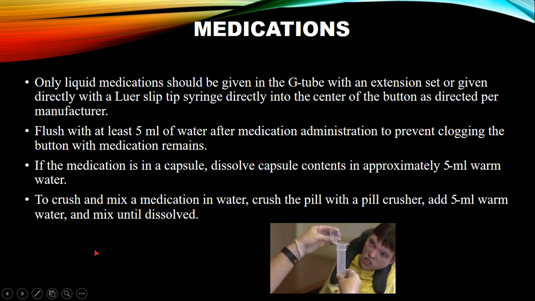So what to keep in mind is that whether it is a capsule, a liquid, or a tablet, everything has to be converted into a liquid form, and only then do we give it. And remember, after medication, we have to flush with 5 ml of water, so that medicine will not remain in the button itself.